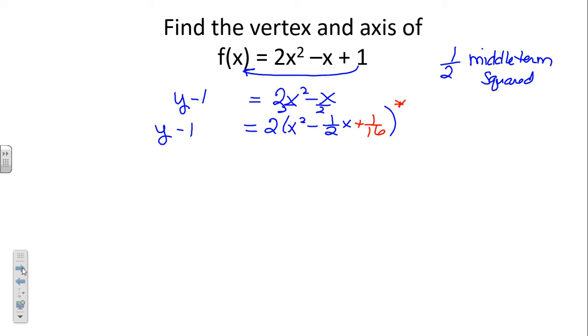But did we really add 1/16 to this side? How much did we add? 1/8, right? Because 1/16 times 2, the 2 and the 16 cancel, we get 1/8. So we have to add 1/8 to this side. So we got to work with some fractions.